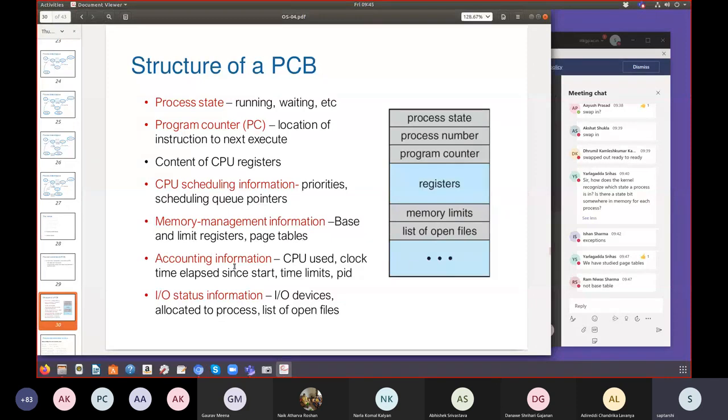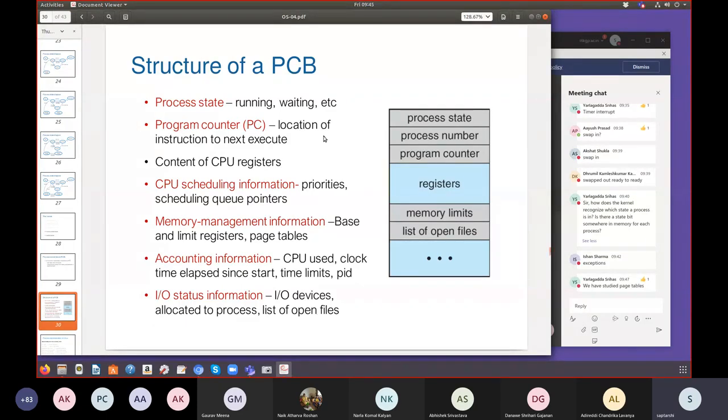Then again, accounting information. So CPU used, clock time elapsed since start, time limits, process ID, etc. Then IO status information, IO devices, list of open files, etc. So suppose your program has some files open.